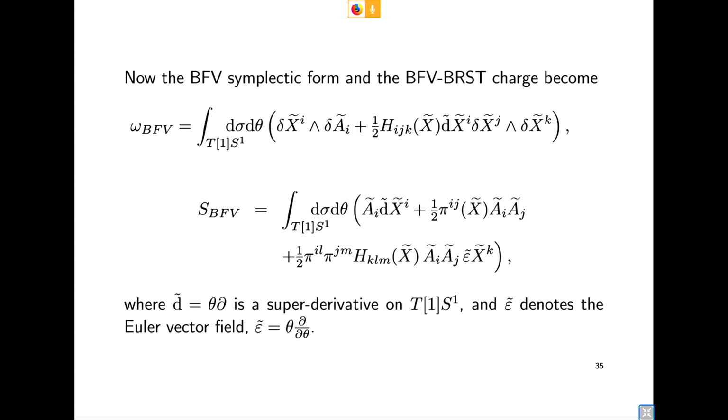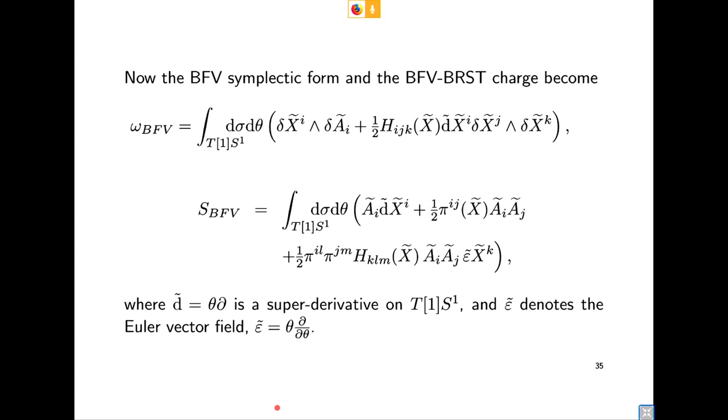It has a very beautiful structure, but it is only a special case of the BV formalism. There's no reason for the AKSZ sigma procedure to work.